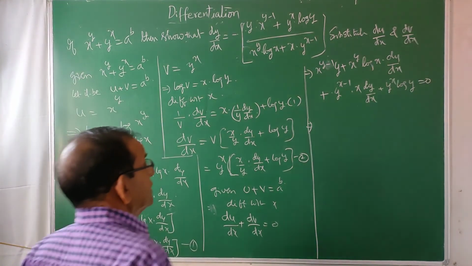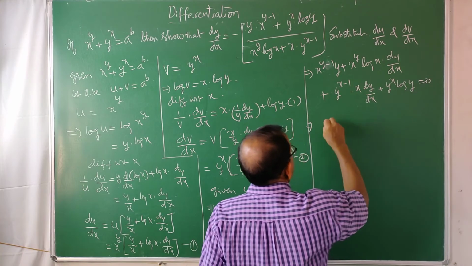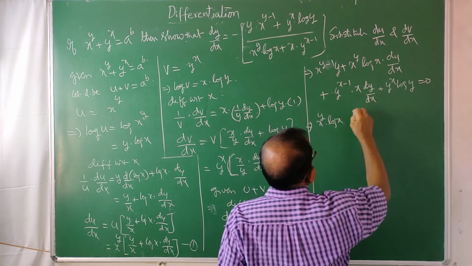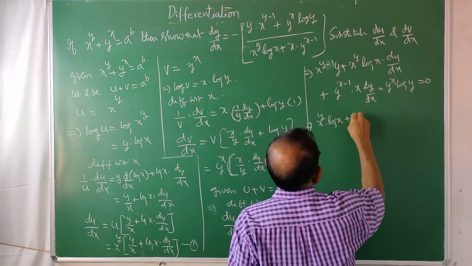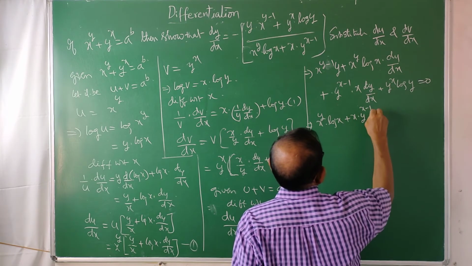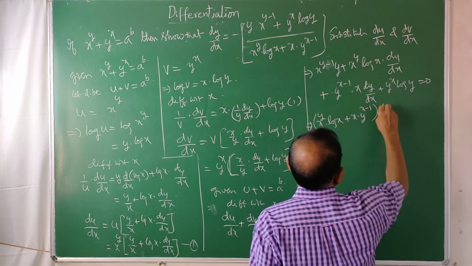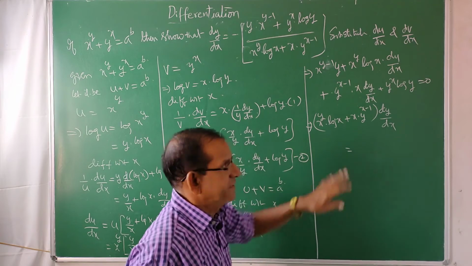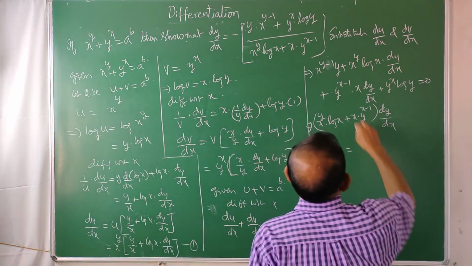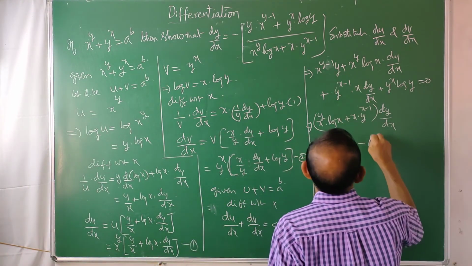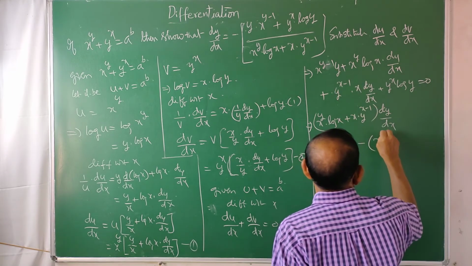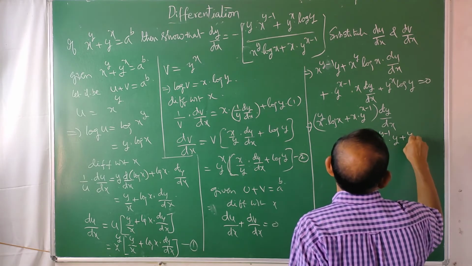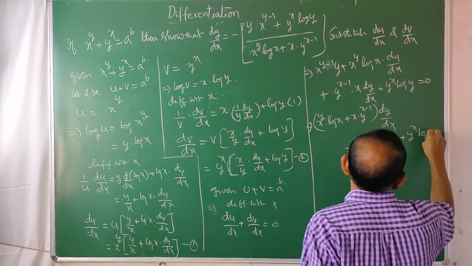Now this one, you collect dy by dx terms first. X power y into log x is one term, and this is plus x into y power x minus 1 into dy by dx is equal to, write the remaining terms on the right side, that is this is one term minus of x power y minus 1 into y plus y power x into log y.